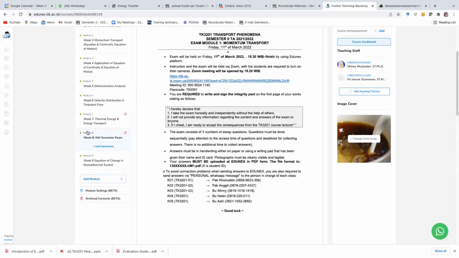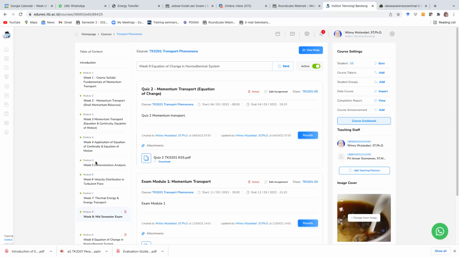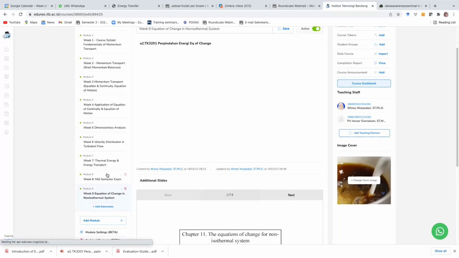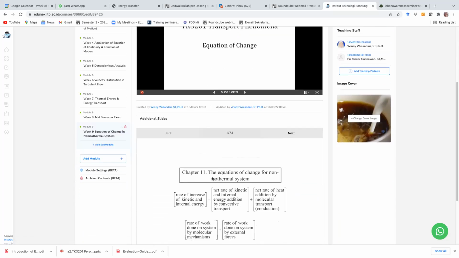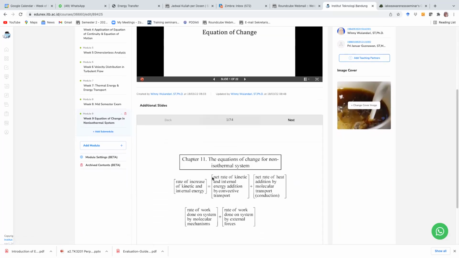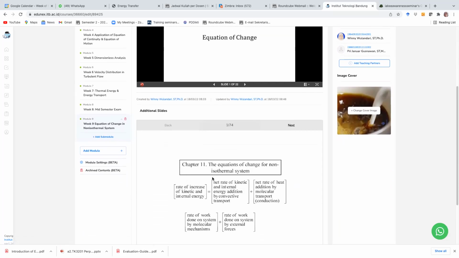Okay, and then for now in week 9, here we will learn about equation of change in non-isothermal system. I uploaded two handouts. The first one is what we're going to discuss today. The second one I got from Pak Mubiar almarhum, which is more comprehensive.